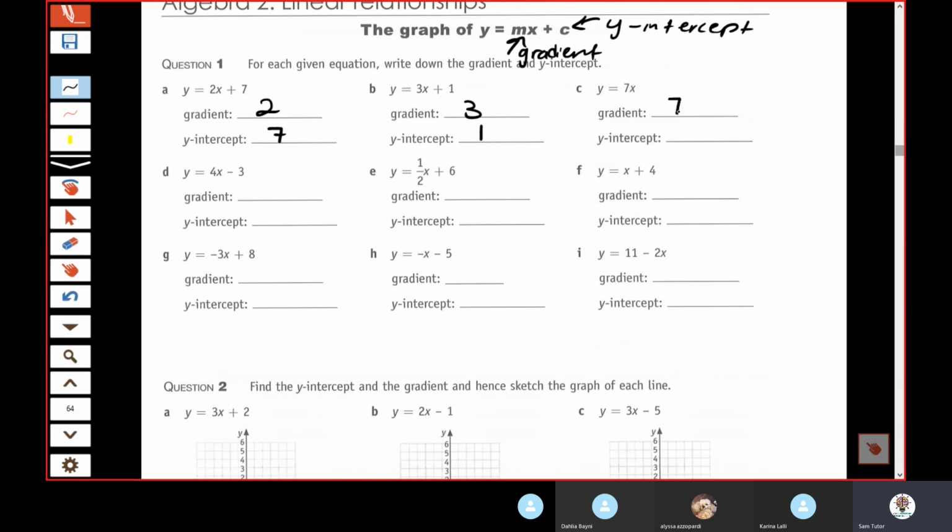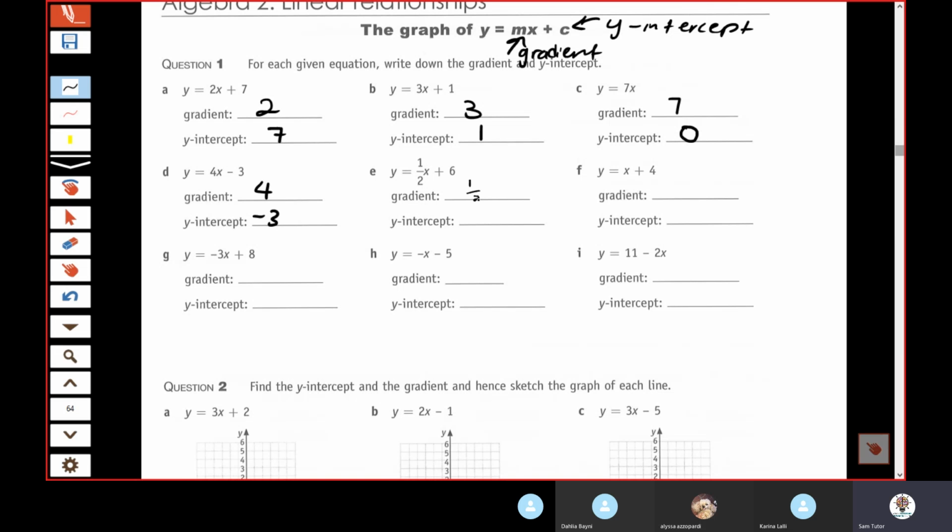Gradient is 7, y-intercept is, well, there is no y-intercept, so it's 0. You have to write 0, you can't just skip it. Gradient is 4, y-intercept is negative 3, not positive 3. You can't just write 3. That's wrong. Negative 3.